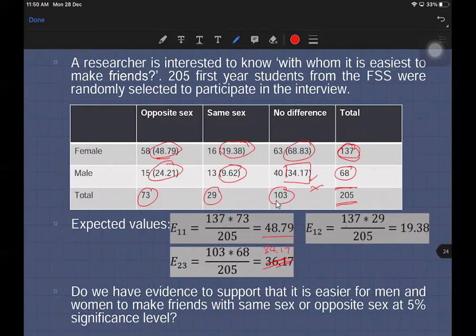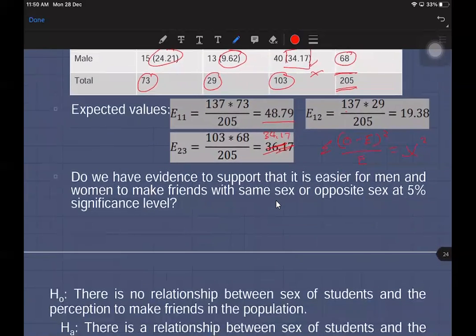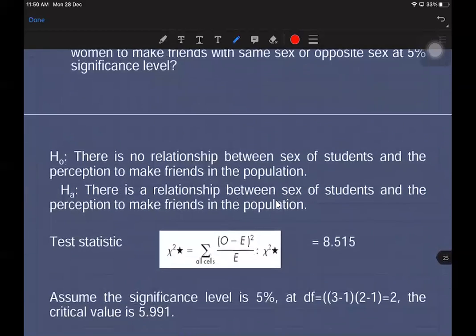After that, you calculate the sum of observed value minus expected value in bracket squared divided by expected value. This is the formula for the chi-square test statistic, step number 2. Do we have evidence to support that it is easier for men and women to make friends with the same sex or opposite sex at 5% significant level?